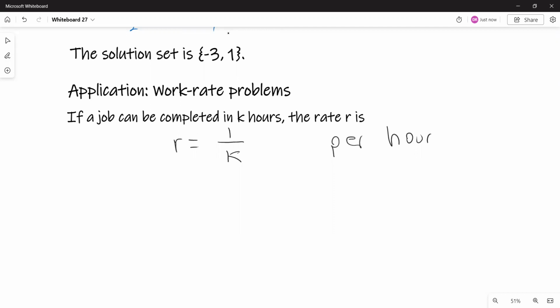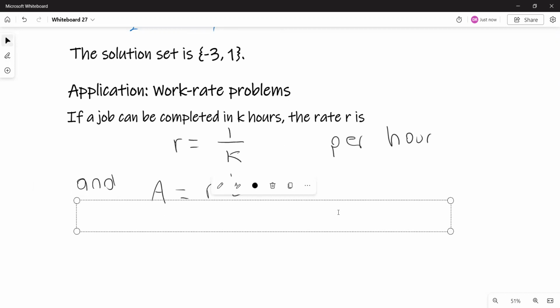So that's the rate, and A equals R times T is the amount of work, or the part of the job, or portion of the job completed after T hours.